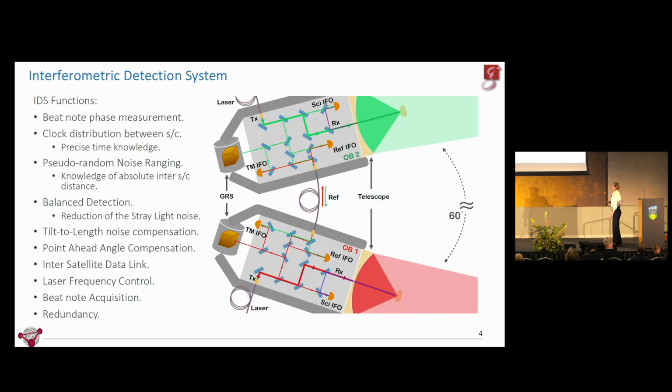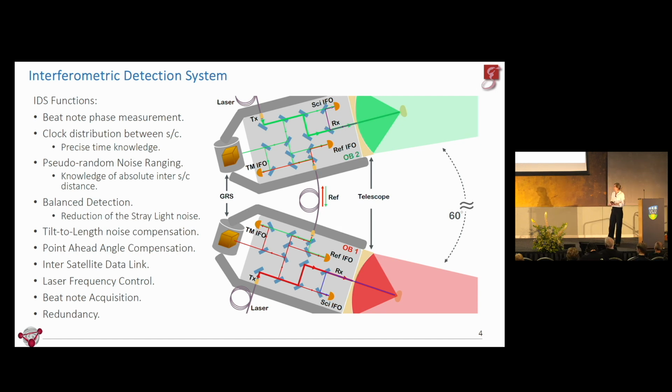So what are those functions? First, as I already mentioned, we have to measure the beat note signal. Something that Olaf mentioned in his talk, we have to precisely know the timestamp of our measurement. So IDS has to provide precise and accurate knowledge of the time of the measurement.